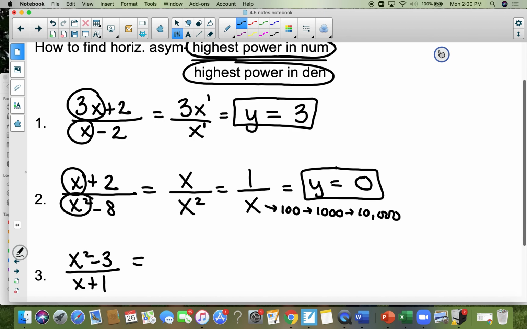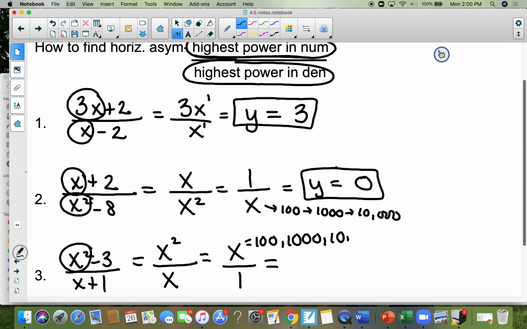And then the last one, highest power in the numerator divided by the highest power in the denominator, simplifies to x over 1, and x keeps getting bigger and bigger. It's not getting closer and closer to anything. This one has no horizontal asymptote.